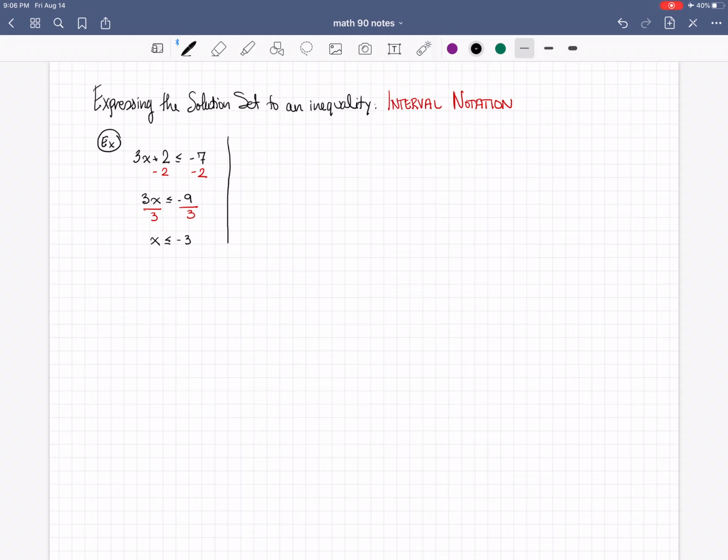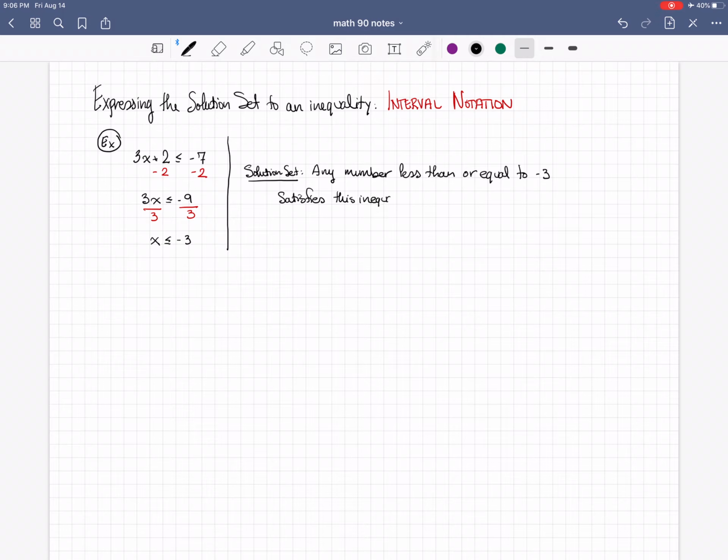So again, I'd like to reiterate that what we're saying is that any number less than or equal to -3 satisfies this inequality.